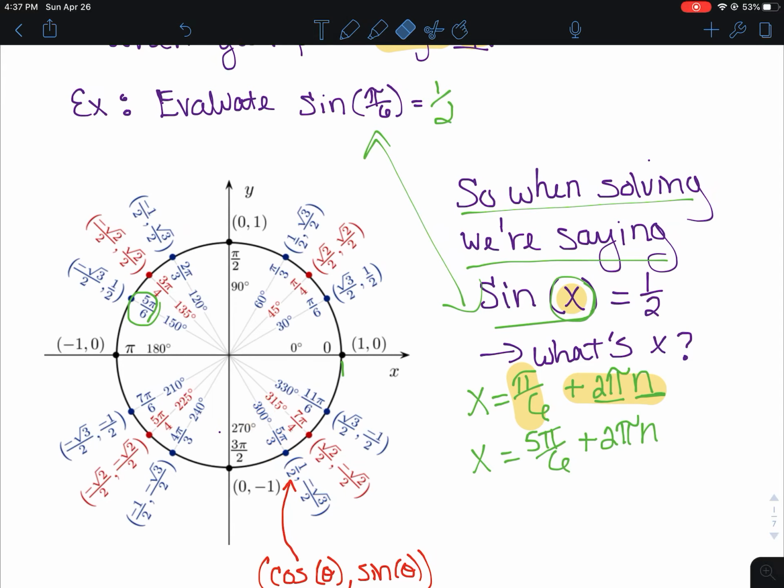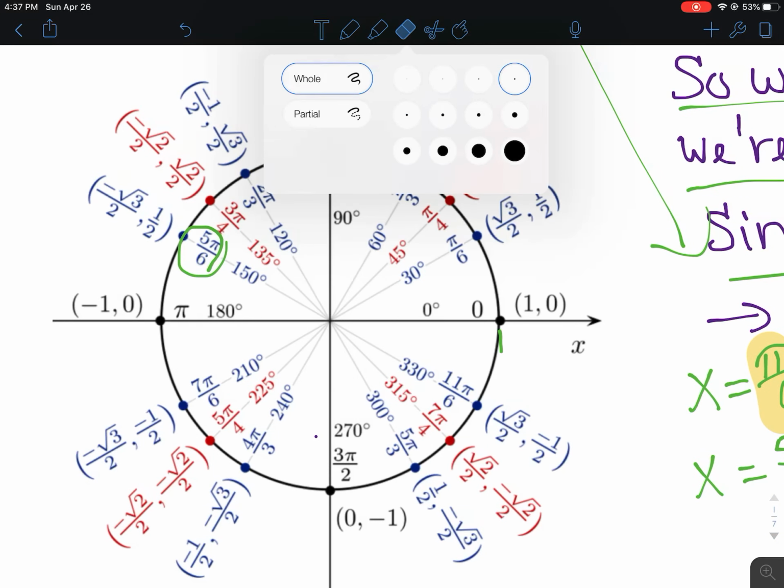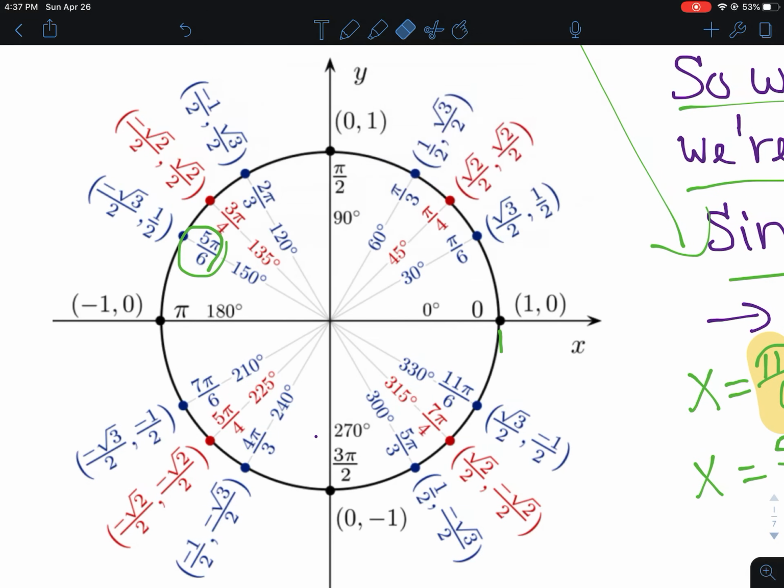And on our unit circle, that's the x value. So negative square root of 3 over 2. If you look around the unit circle, where is that in the position of the x value? Negative square root of 3 over 2. I see it here. And I actually also see it here.